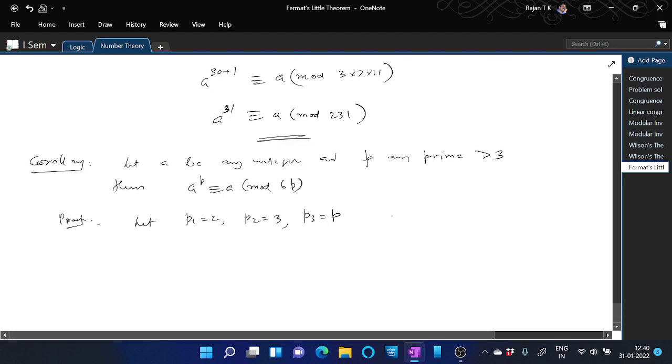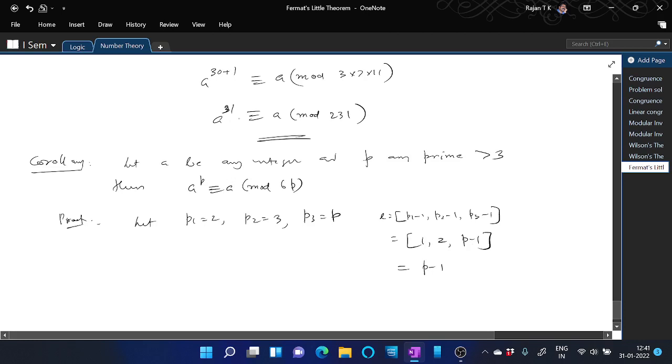Here L is equal to the LCM of P1 minus 1, P2 minus 1, P3 minus 1, which is LCM of 2 minus 1, that is 1, 2 and P minus 1. Since P is a prime greater than 2, P is an odd number, so P minus 1 is an even number. Therefore, the LCM of 1, 2, P minus 1 is nothing but P minus 1.